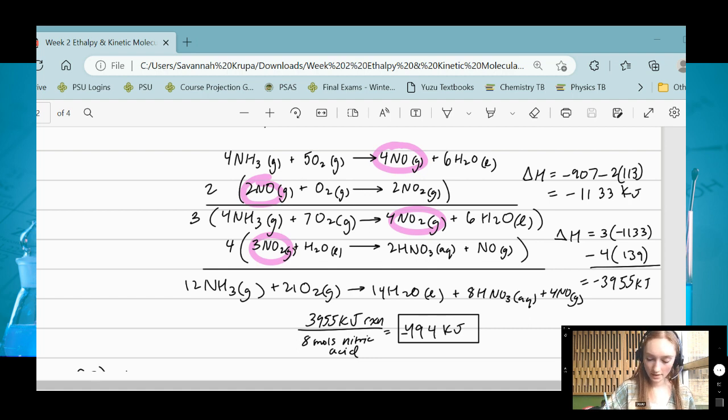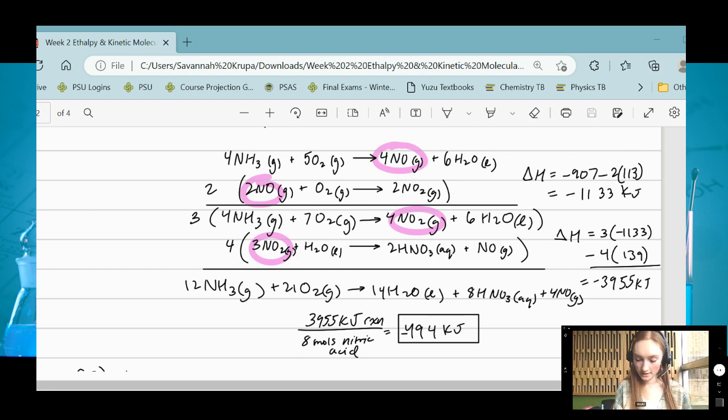So let's add up the energies on the right. The negative 1,133 times the 3, and then adding that with the negative 139 times 4, out of everything added up, it'll be negative 3,955 kilojoules.